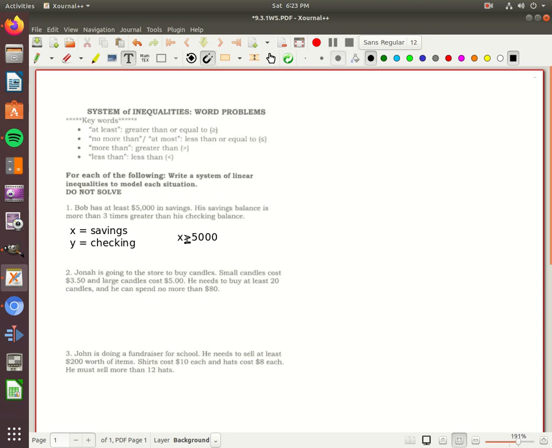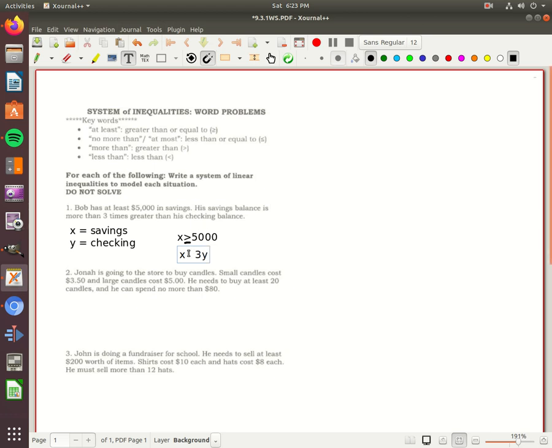From there, we're going to get our second inequality. His savings balance is more than 3 times greater than his checking balance. So if I triple his checking balance, X is still more than 3 times Y, right? Sometimes people think you need to triple the savings account here, but you don't. The savings account is going to be compared to his triple checking, right?